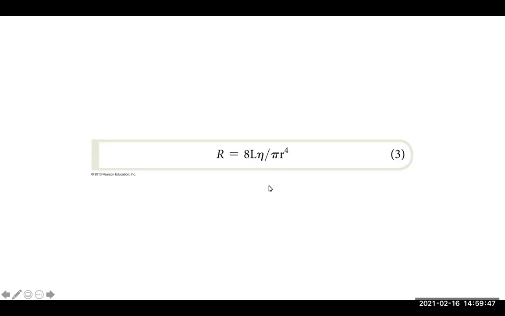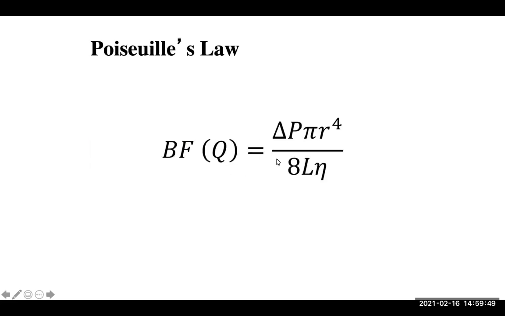So your full equation for blood flow rate could show something like this: change in pressure, pi, radius, 8 is a constant, length, and viscosity.